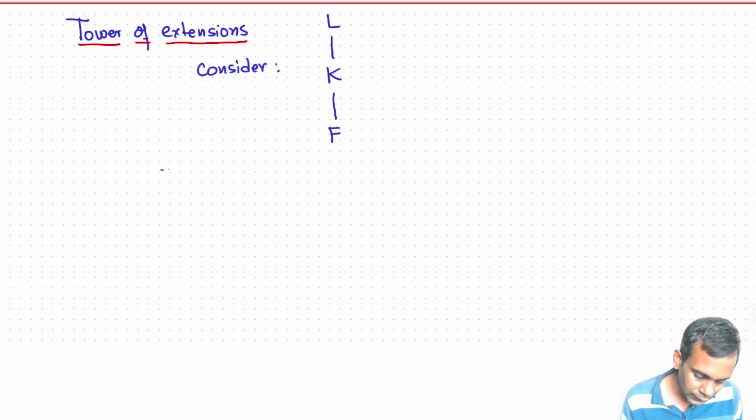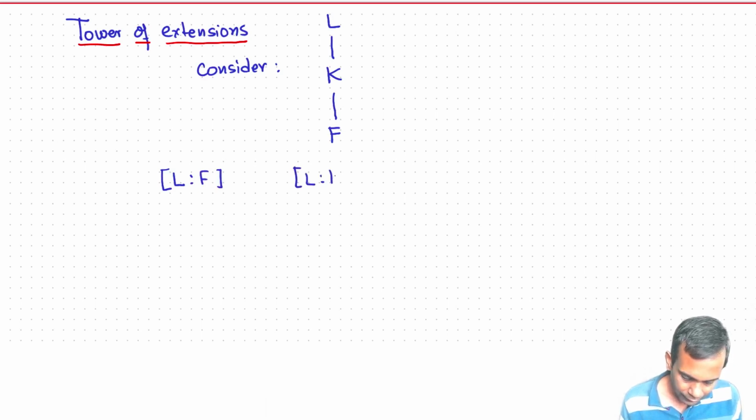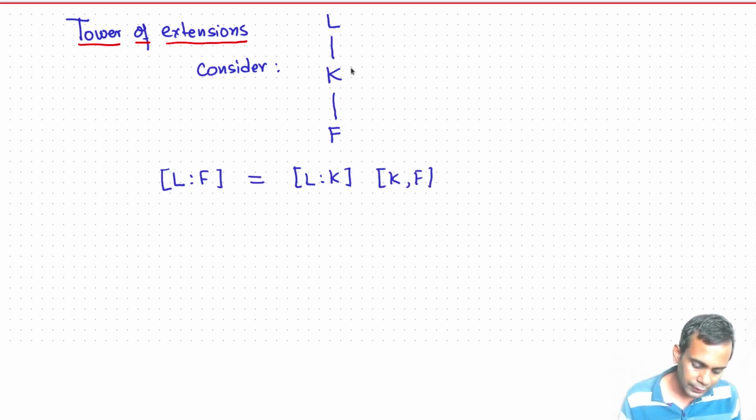And so then the question is, what is the relationship between the degree of L over F and the degree of L over K and the degree of K over F? And it turns out that the degree of L over F is precisely the product of the degree of L over K and the degree of K over F.